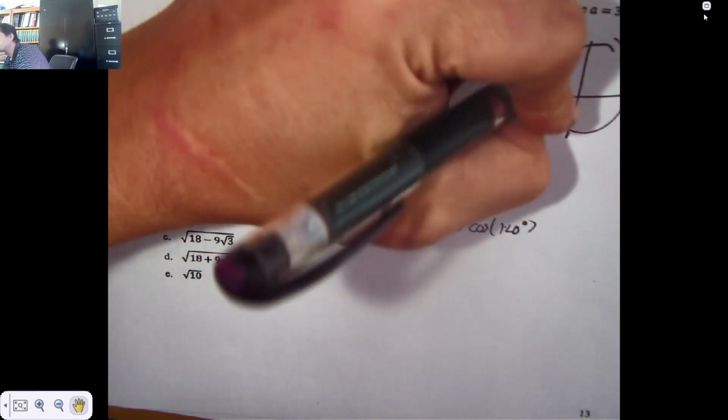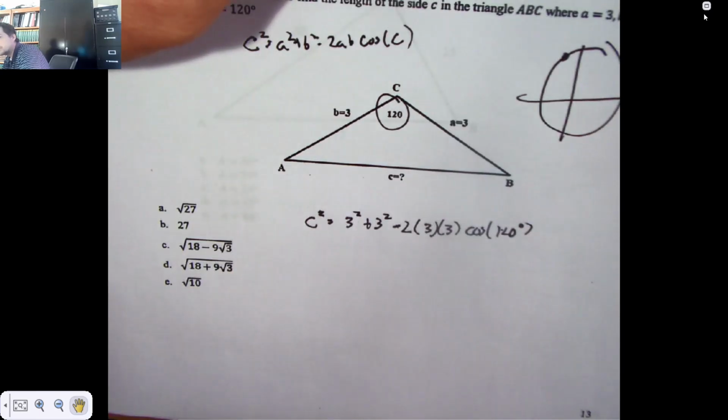Cosine of 120 degrees, if you think about your unit circle, is known. I think you know what the cosine of 120 degrees is. You should. It's negative 1/2.